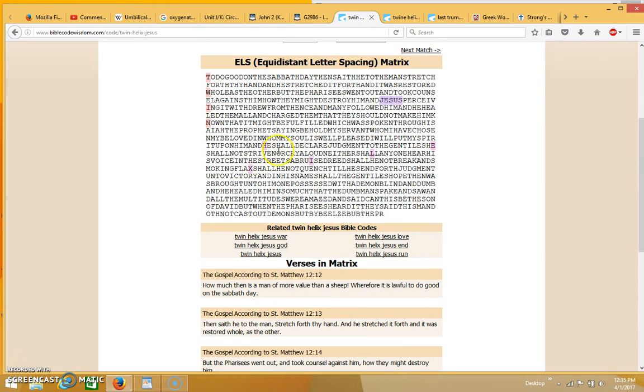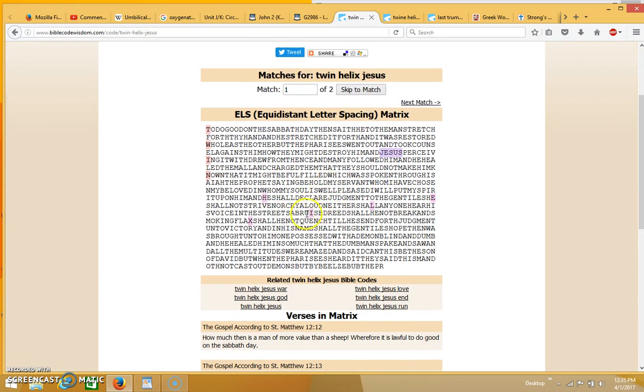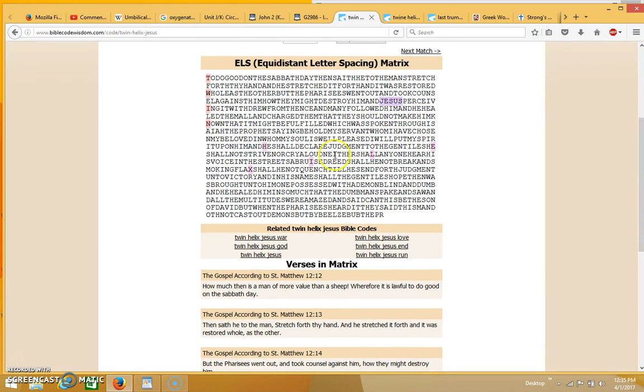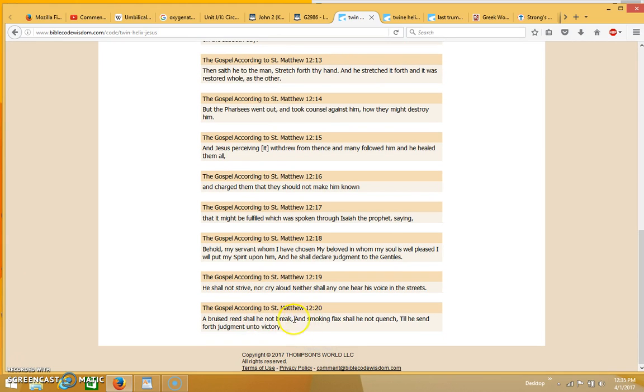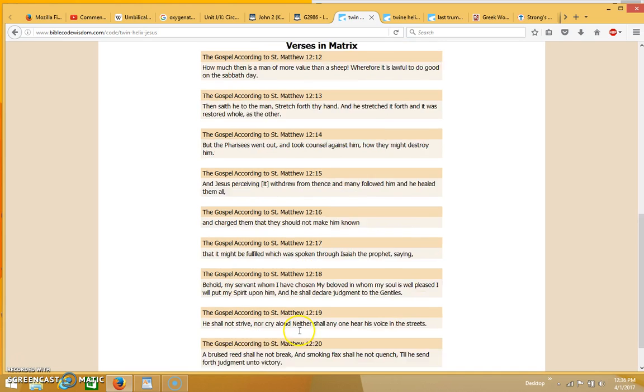It's really interesting where the word helix comes up, because in this example it's coming up over here exactly where it's talking about a bruised reed. It's quoting from Isaiah, and it's saying, "A bruised reed shall he not break, and a smoking flax shall he not quench, till he send forth judgment into victory."